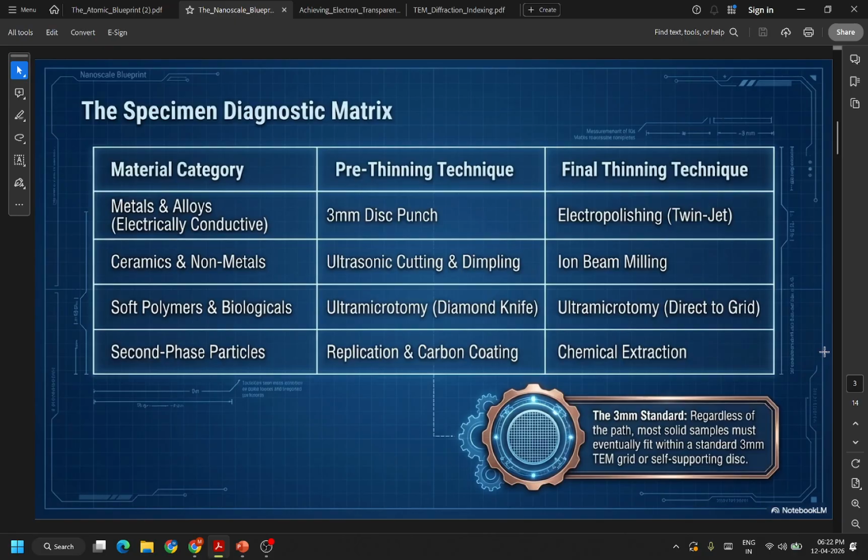For soft polymer and biological samples, pre-thinning is done using ultramicrotomy, that is a diamond knife, and final thinning is also done using ultramicrotomy but directly at the grid level. Then for second phase particles, pre-thinning is done by replication and carbon coating, and final thinning is done by chemically extracting the material.